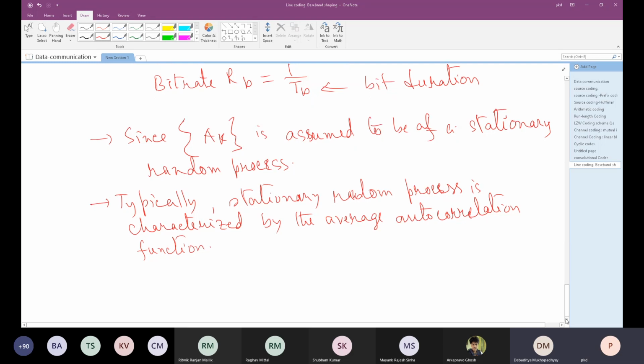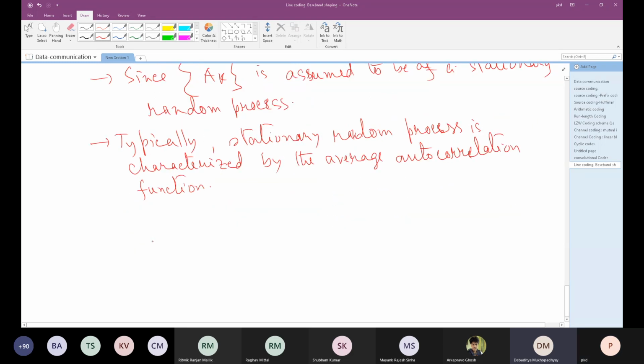Autocorrelation basically describes the way the signal varies with respect to itself.